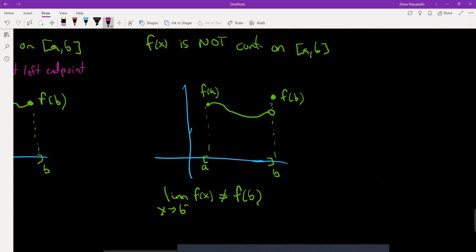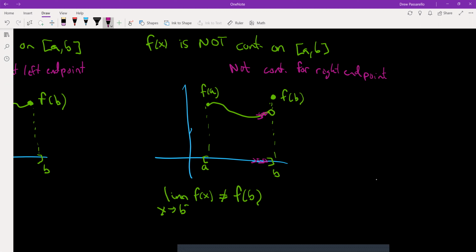Now this is a case where it's the other endpoint, the right endpoint. So I'm saying not continuous for the right endpoint. So the right-hand limit doesn't equal f of b. As the x values are getting closer and closer to b from the right, the y value is getting closer and closer to that hole.